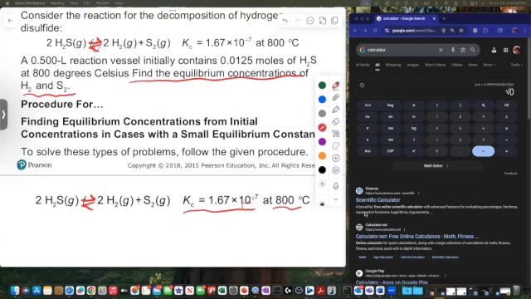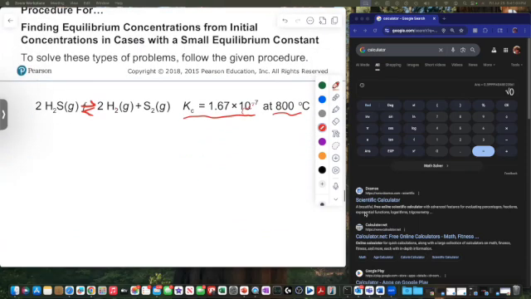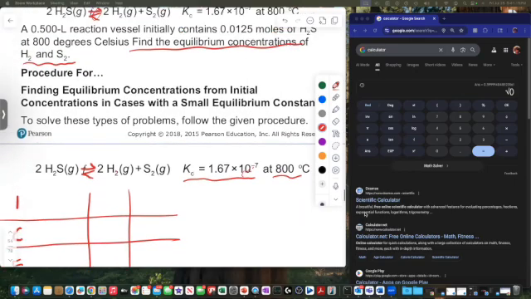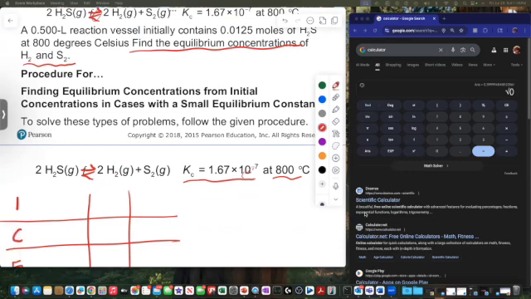In our ice table, not all the time, but for the most part, our ice table tends to have numbers presented as molar amounts. This time, we're given moles and then liters.